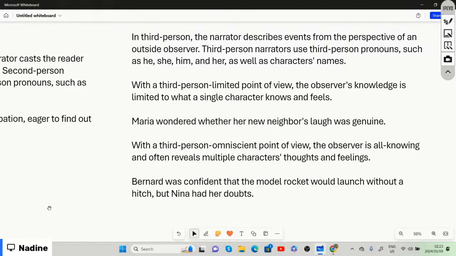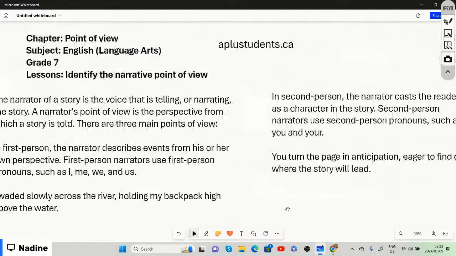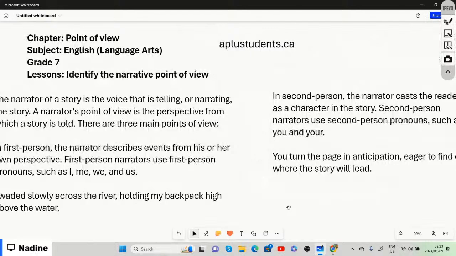Whereas with the omniscient, you are 100% sure, or you know more about something. So the observer is all knowing and often reveals multiple characters' thoughts and feelings within a story. So this is point of view.